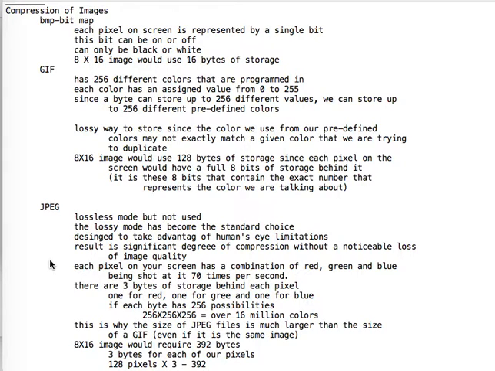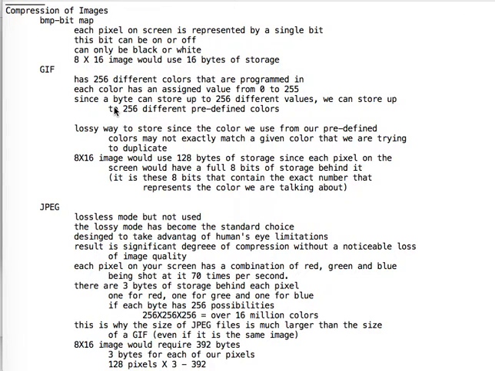However, if you took our simple 8 by 16 image and you stored it as a JPEG, that would require 392 bytes of storage. Now, these images could all look exactly the same, and as a bitmap, an 8 by 16 takes up 16 bytes.